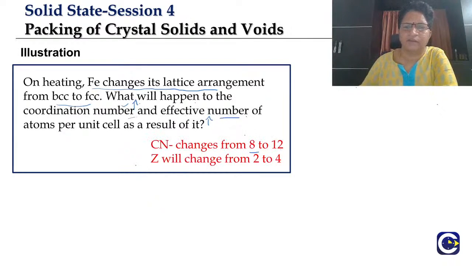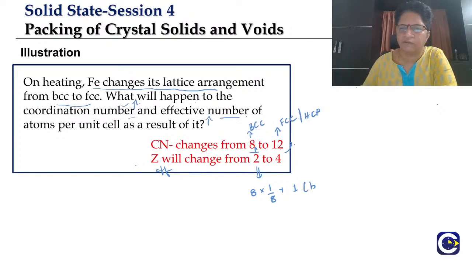Coordination number 8 is for BCC. This is for FCC. It can also be HCP. Z effective for BCC is 2. For FCC it is 4. How are we getting this as 2? 8 lattice points at the corners and 1 at the body center.